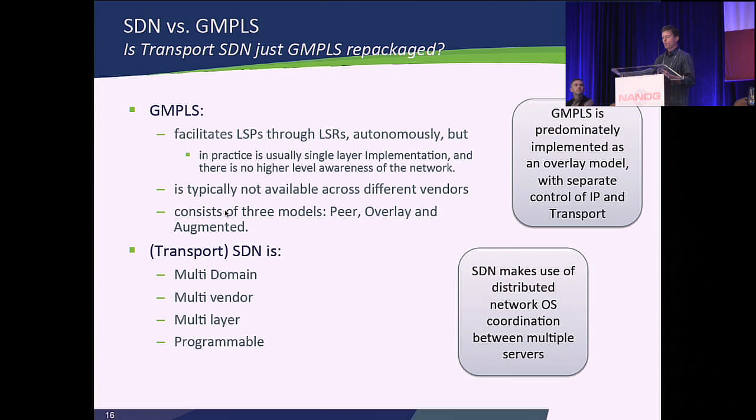So what has found favor and is actually being used within the ONF is the overlay model, which was formalized by the ITU as ASON, or automatically switched optical network. But this methodology still separates the IP layer and the transport layer, with requests for services made across UNIs within the network.